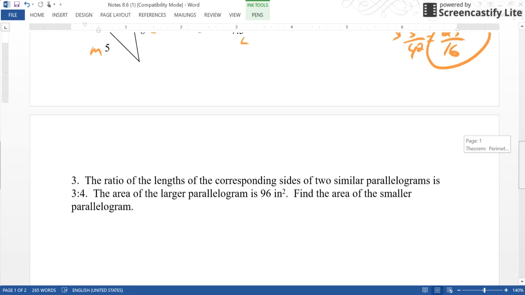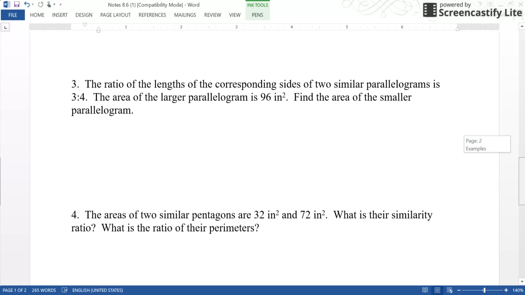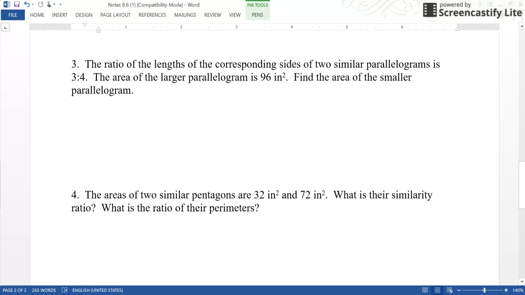Moving on. Number 3: the ratio of the lengths of the corresponding sides of two similar parallelograms is 3 to 4. So my similarity ratio is 3 to 4. I get that right from here. Okay?